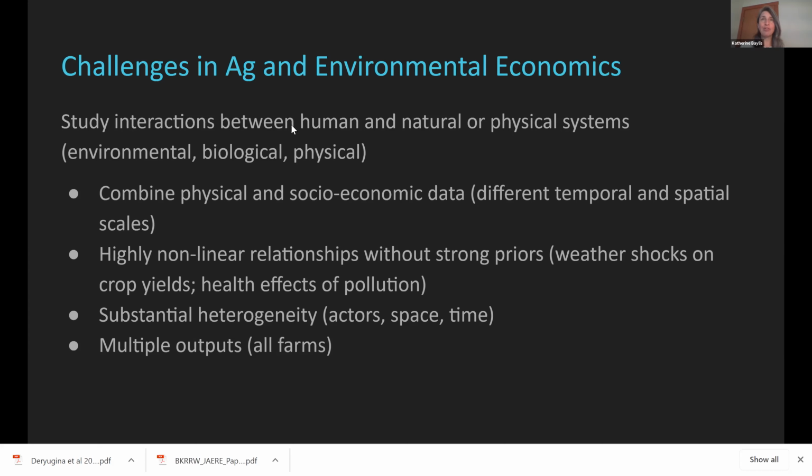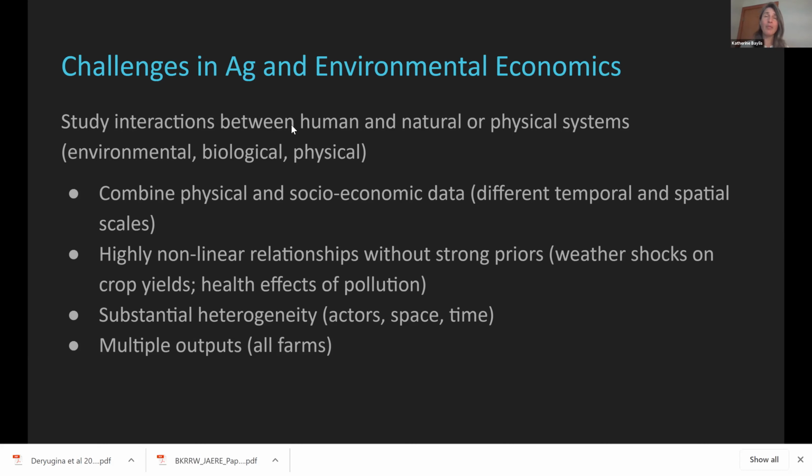And there are places where machine learning can be helpful for that. There are also large problems of heterogeneity in these kinds of questions. Again, not unlike many other questions in economics, but particularly when you imagine lots of environmental differences from farm plot to farm plot, region to region, that we want to take into account, machine learning can be helpful for that.